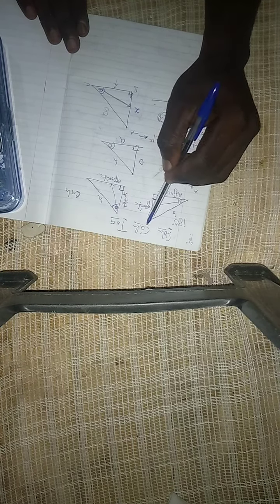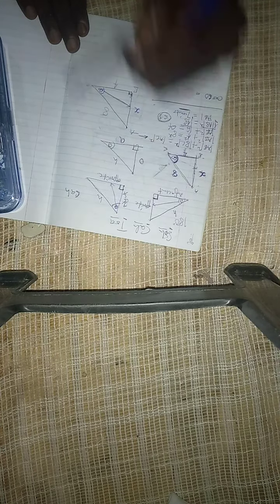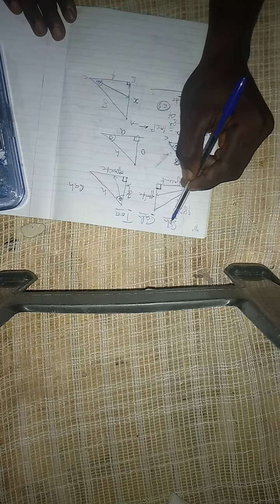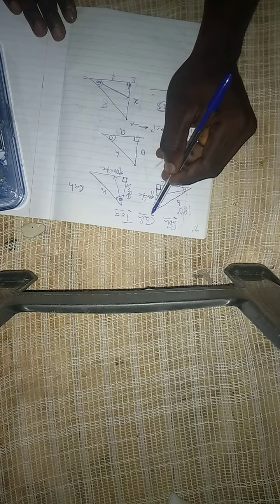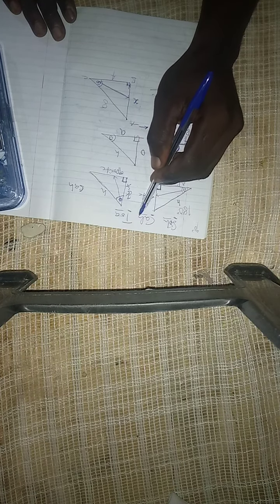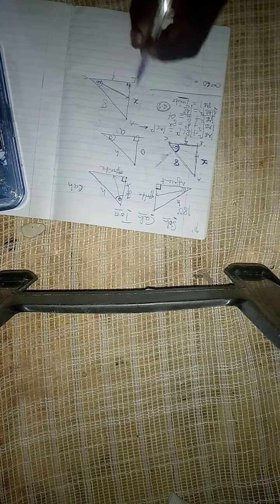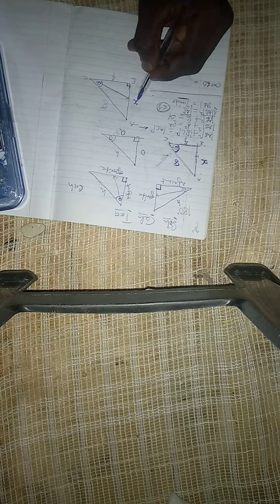This is CAH, it means cos, and this is TOA, it means tan. So we use sine when we have O and H, which is opposite and hypotenuse. We use cos when we have A and H, which is adjacent and hypotenuse. We use tan when we have O and A, which is opposite and adjacent.